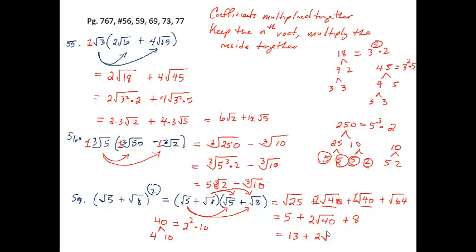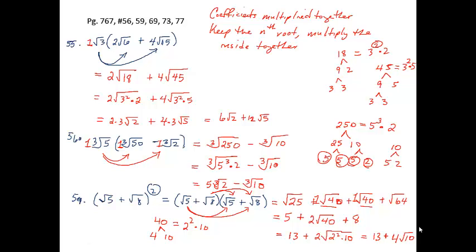So then I have the square root of 2 squared times 10, which makes this 13 plus, well, the square and the square root cancel, so this 2 comes on the outside and is going to multiply. So this becomes 4 square roots of 10.